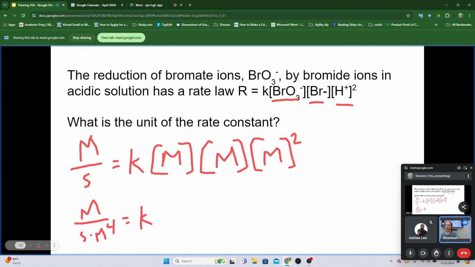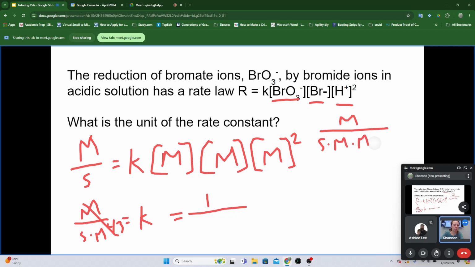And so how that cancels is this M cancels and this 4 turns into a 3. Okay, let's do it longhand. I'm going to write it over to the right. So you have the M, and molarity to the 4th power would be seconds times molarity times molarity times molarity times molarity.